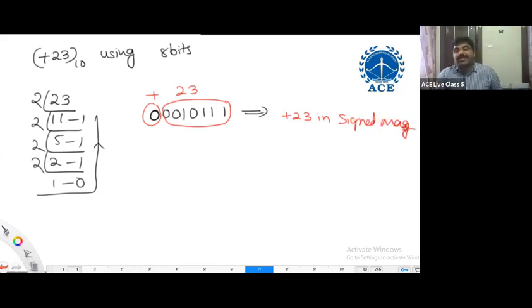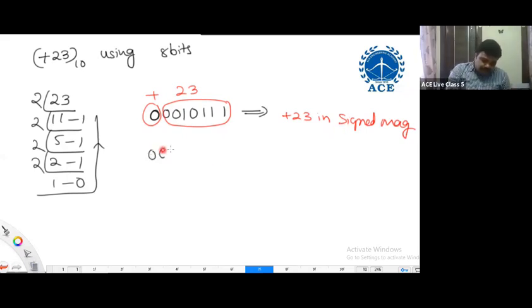Correct? Not only signed magnitude, it is also in 1's complement and also 2's complement representation. Why? I don't need to take complement because I am representing plus 23. If I want to get minus 23, I have to take complement. But expected is what? Plus 23 only.